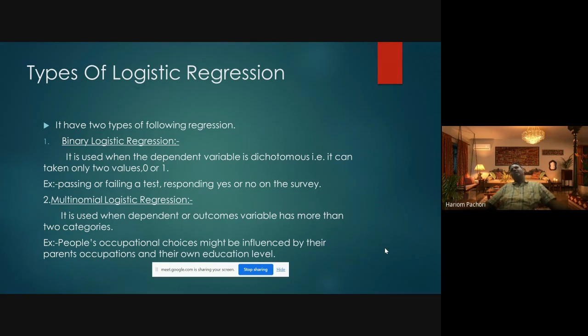Can you tell me what test is available when you want to compare variables, where one variable is continuous and another one is discrete? What test is possible? Any guesses?